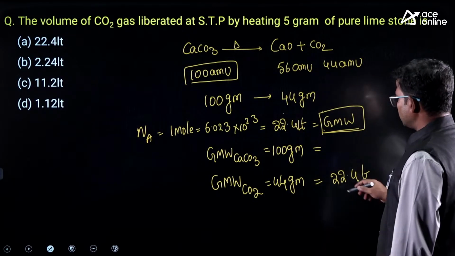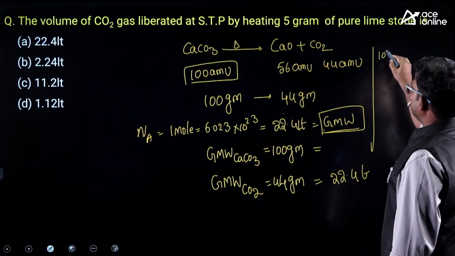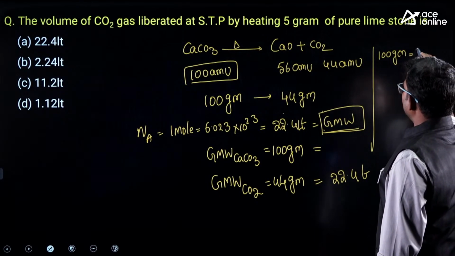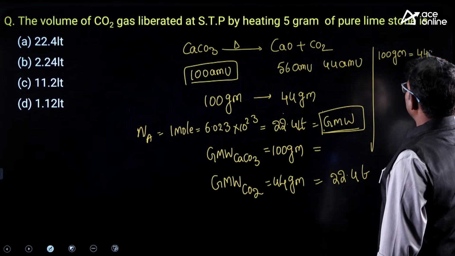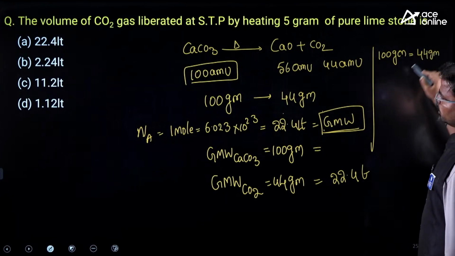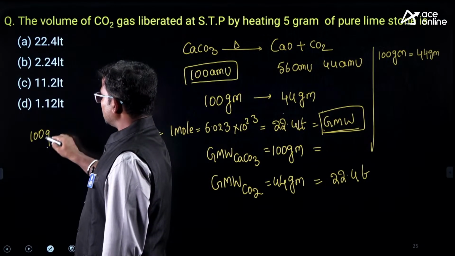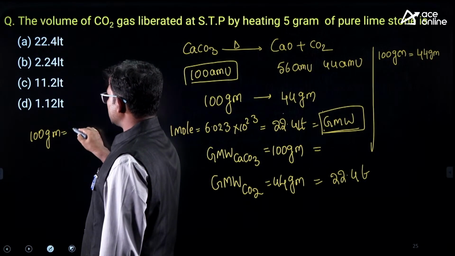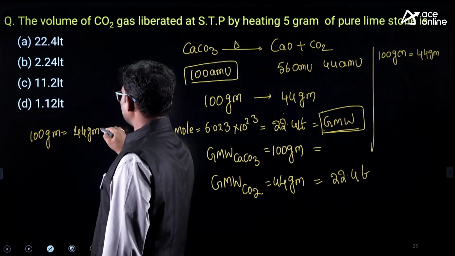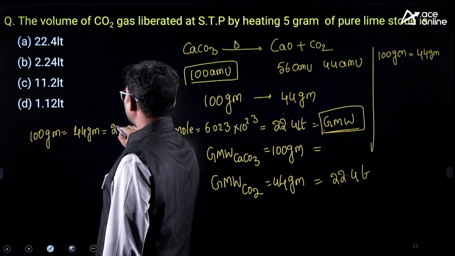Yes. So finally, if you observe, 100 grams of calcium carbonate emits 44 grams of carbon dioxide, which means 100 grams of calcium carbonate is equal to 44 grams of carbon dioxide, which is equal to 22.4 liters.